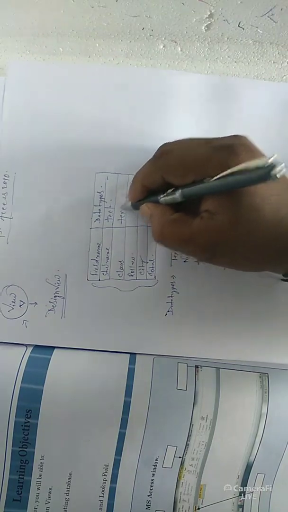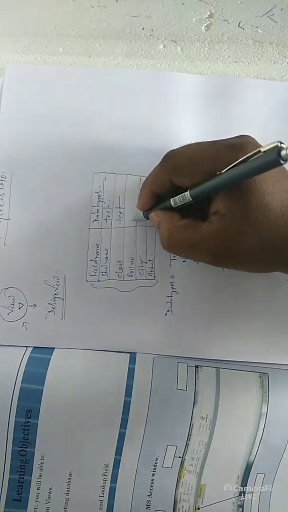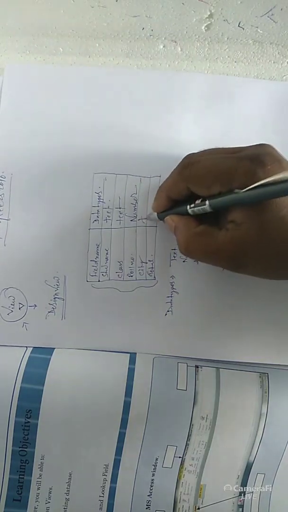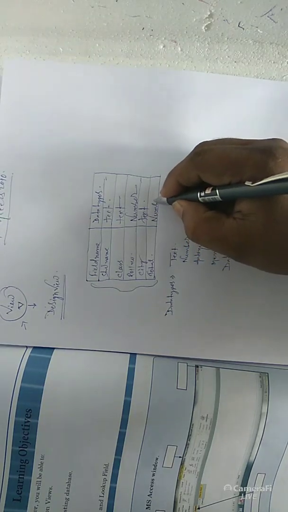Class is also text. Roll number is number or auto number; you select any one. Suppose I am selecting number here. City is text, and total here is number. So this is the structure of the design view. In the design view section, you create it like this. This is the basic structure.